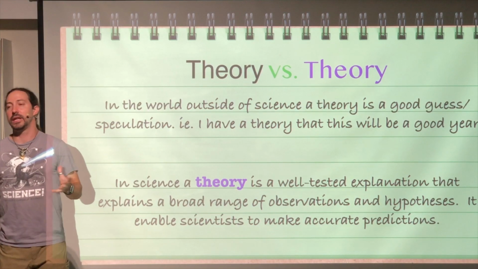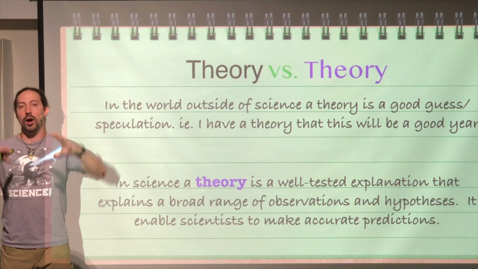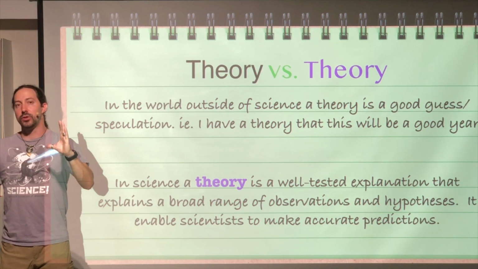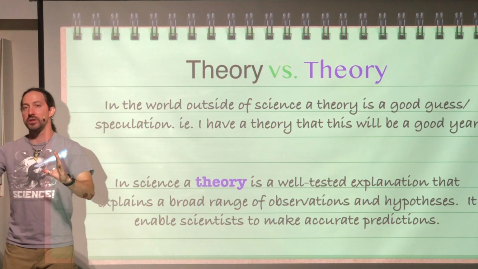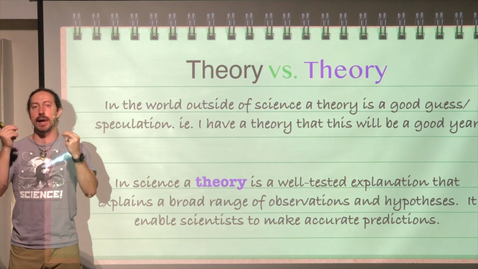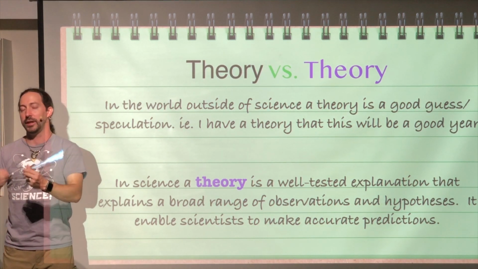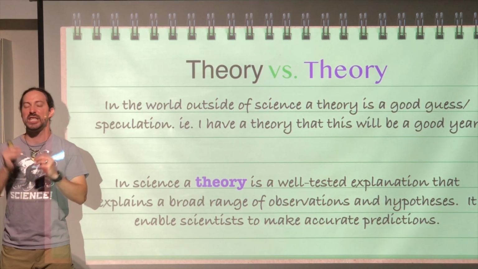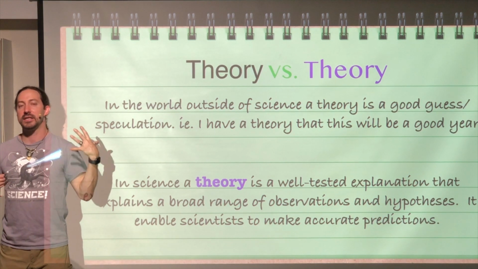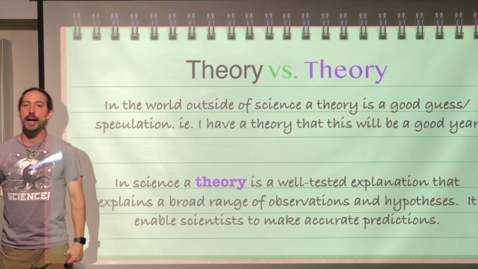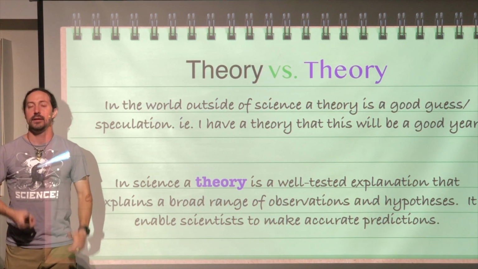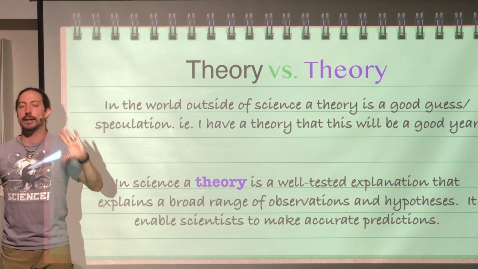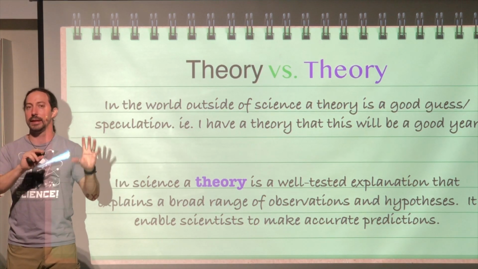A scientific theory is a culmination of research that has gone through multiple steps to finally answer a question, to finally be able to explain something that's happening in the world. That is a scientific theory. It's not just some random little guess.